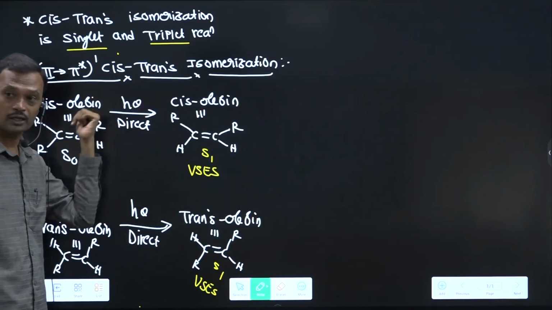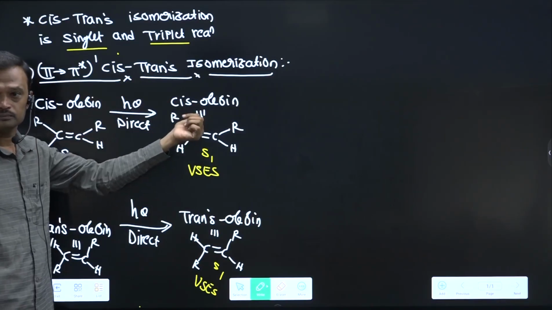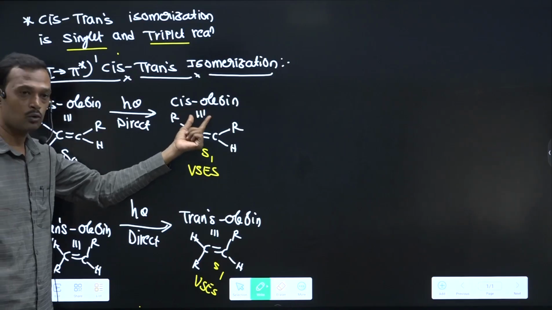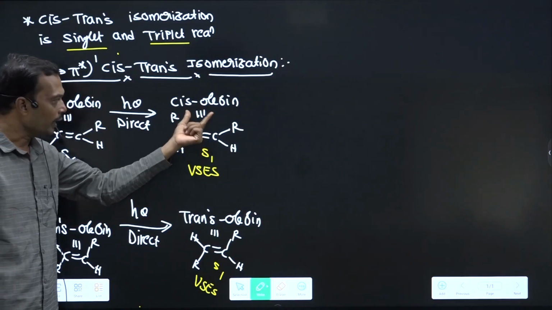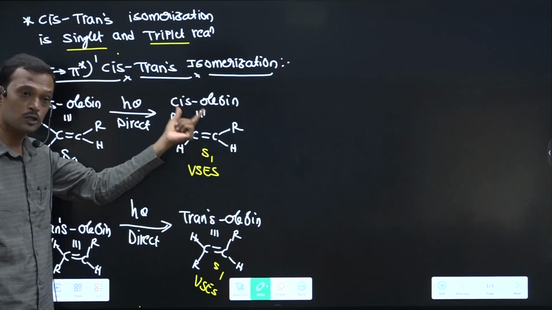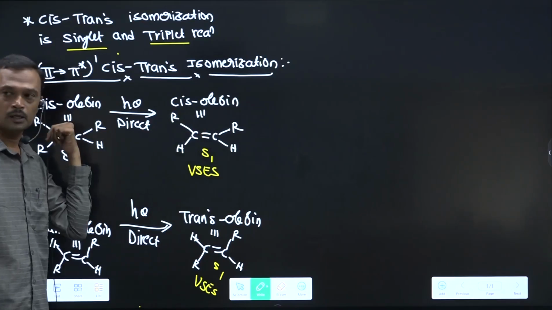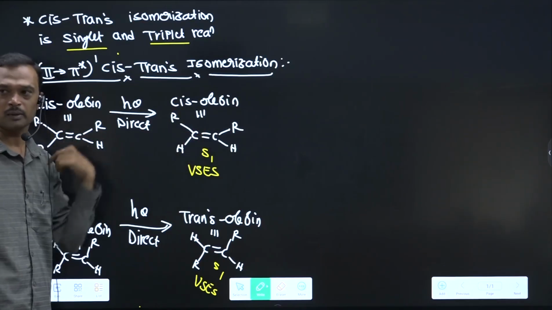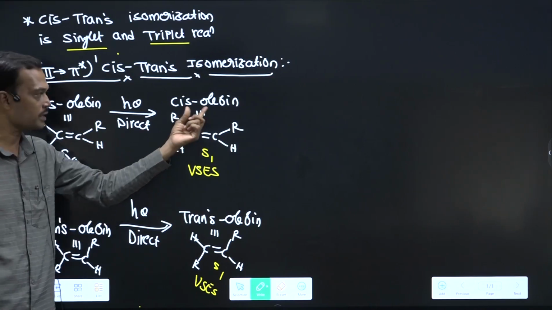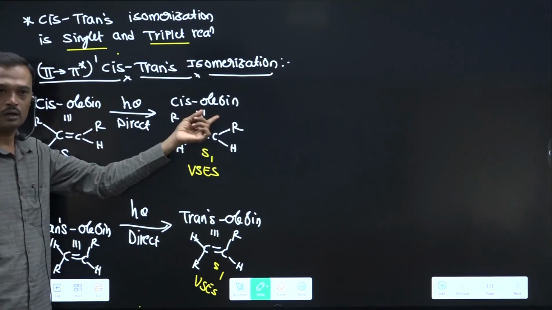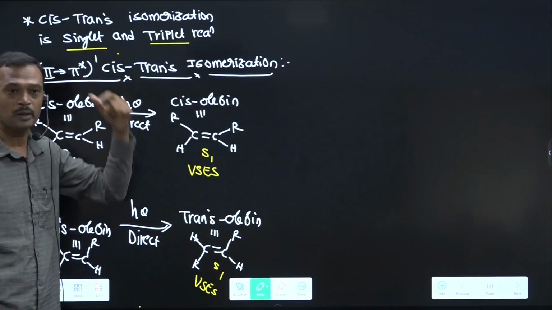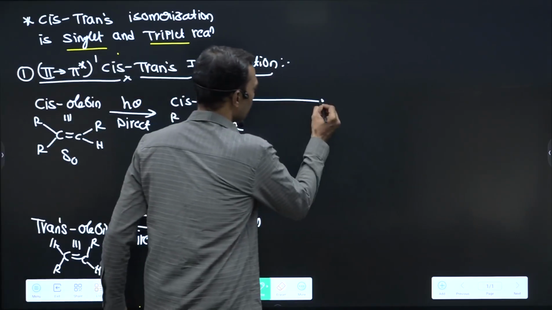They know where they came from. They know what the initial stage of this molecule was. Means cis to cis, they have that memory. I came from cis. They are saying that initially I am a cis, still I am cis only. They have a memory.